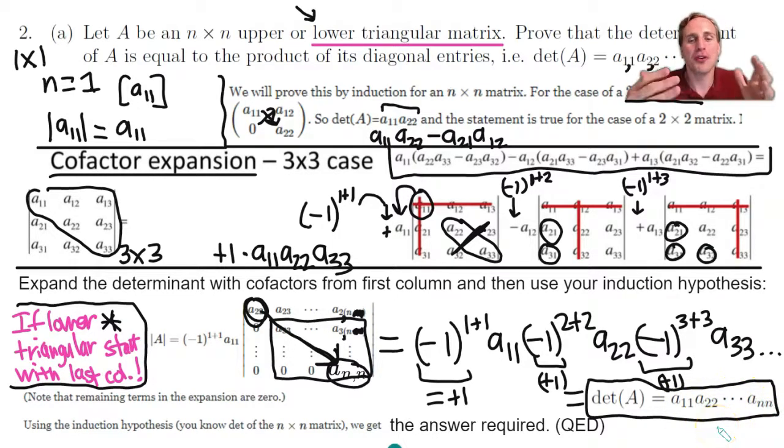But the first one you'll find is ANN. The next one you'll find is A subscript n minus 1 comma n minus 1 for row and column, and then you just keep going. So the proof is very, very similar. So I'm not going to go through that proof, but hopefully it stands to reason that this is indeed the case. Okay, I hope that makes sense for this.